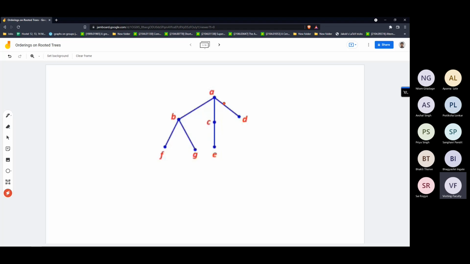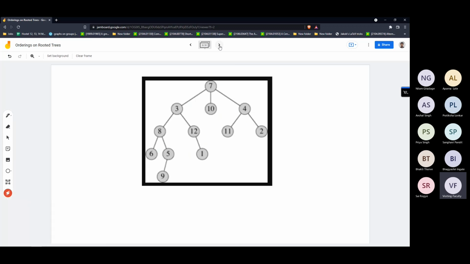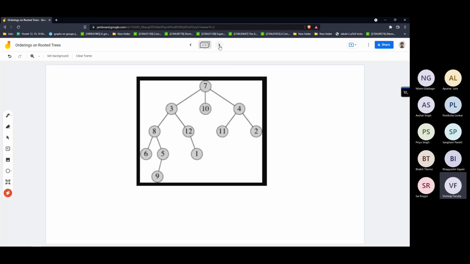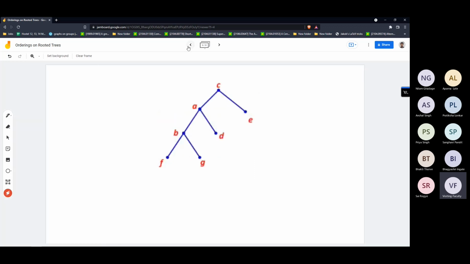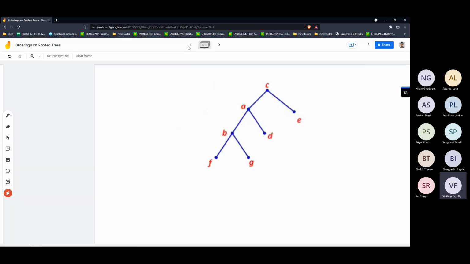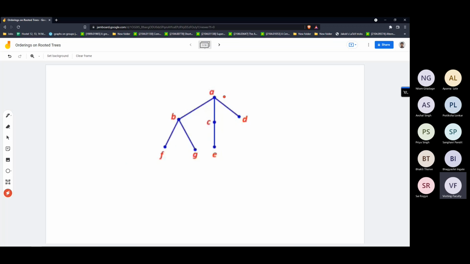So now here's the thing. There is a notion of left subtree and right subtree usually when you have binary kind of rooted trees. Left, right, center, these kinds of things. So for this vertex, there are three children, 1, 2, 3.